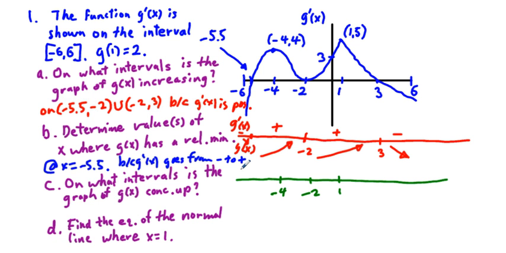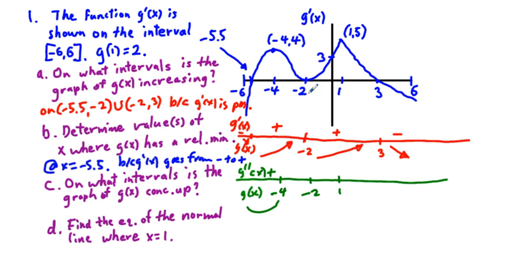And so we're going to say g double prime of x, and then g of x will go down below. To the left of -4, we have g prime of x increasing, and the slope is going up, so we say we have concave up in this interval.